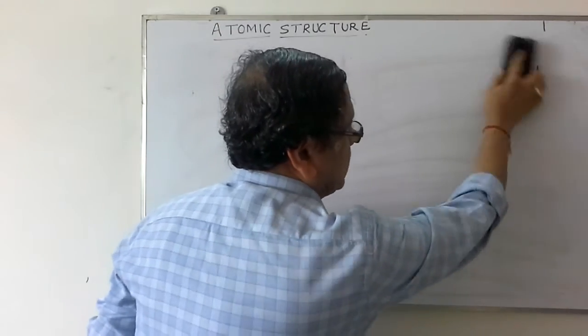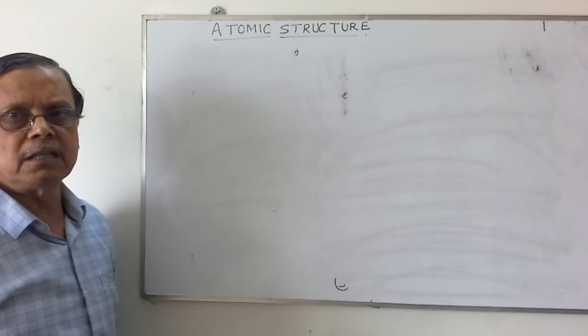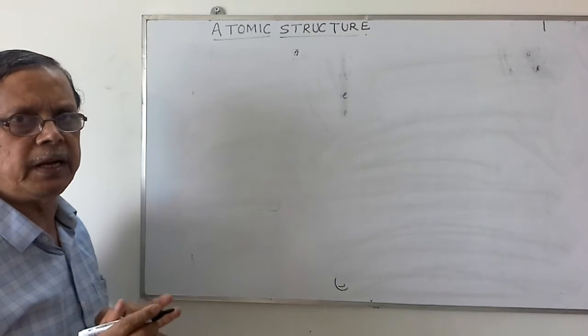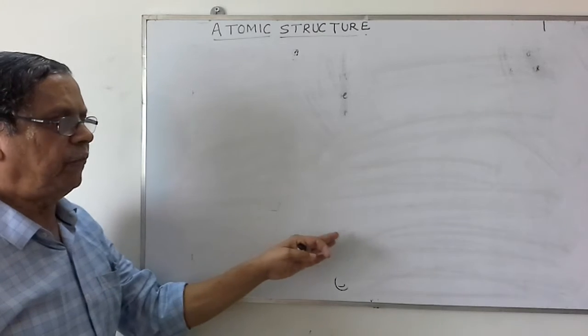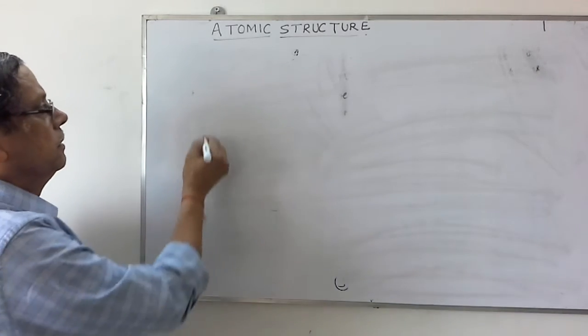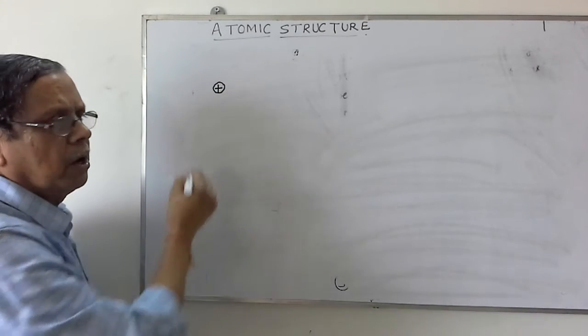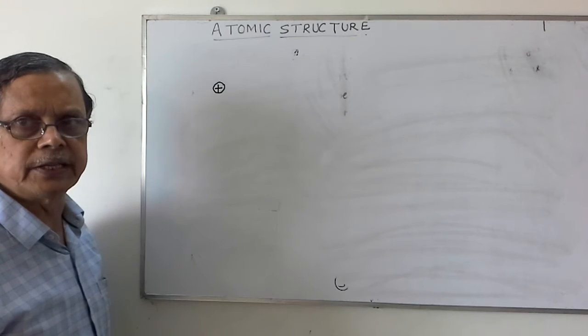Since most of the radiations pass through without any deflection, there is a large empty space available in the atom. Since very few radiations, about 1 in 20,000, were deflected back, the entire positive charge is concentrated in the small volume of the atom, that is called the nucleus.